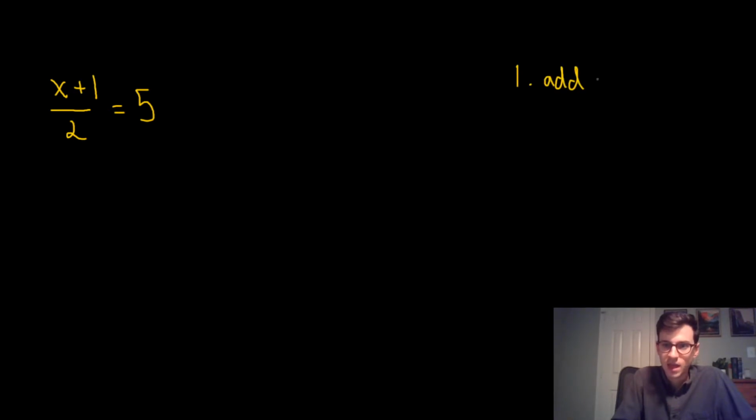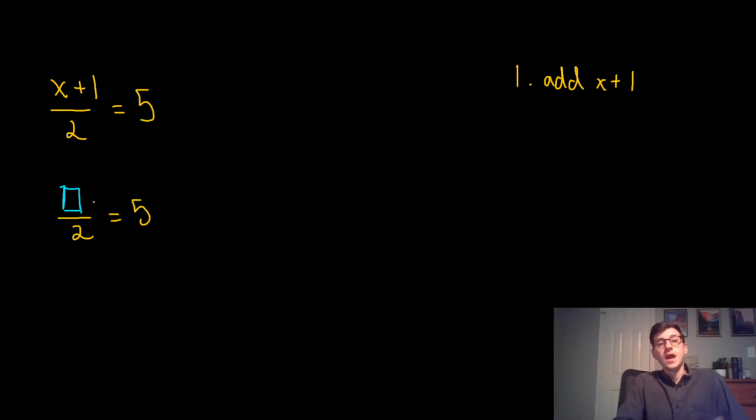What order of operations would I go through? Well, the first thing I would do is add 1 to x, and then I'd get some number. I don't know what that number is, so I'm going to call it a box. And now, what would I do to simplify the left side?